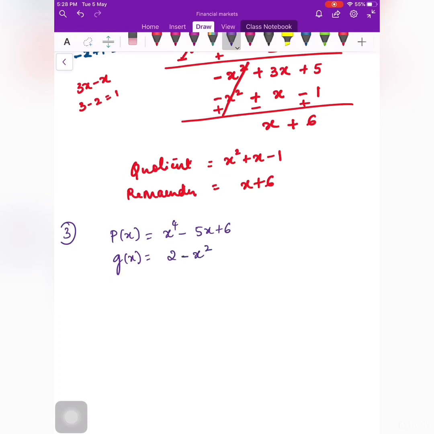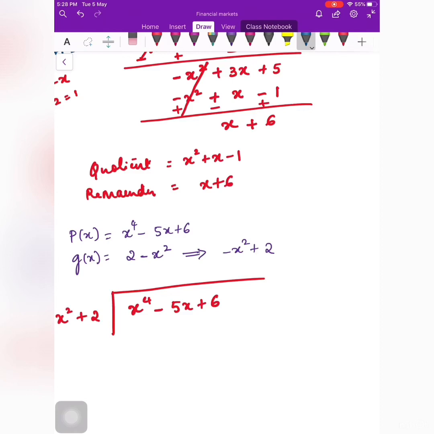So okay, I can rewrite this as minus x square plus 2, correct? So now let us start the division. So p of x is x raised to 4 minus 5x plus 6. So now the divisor is minus x square plus 2. So now you can see you have minus x square, you have x to the 4.